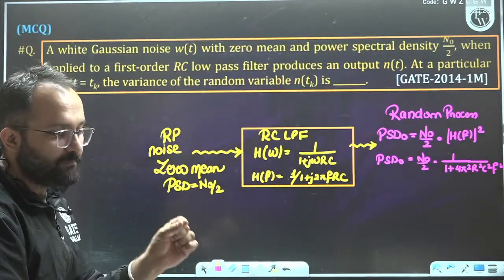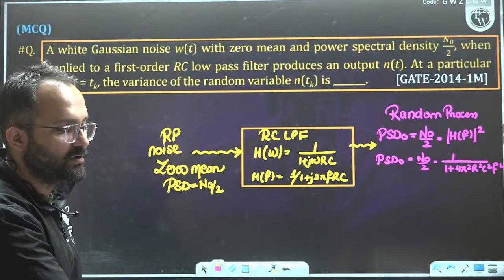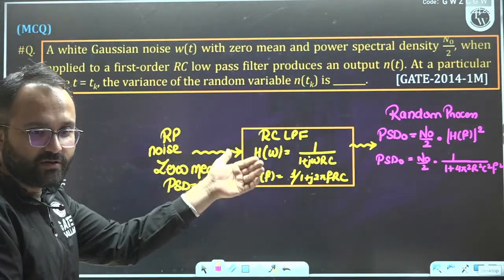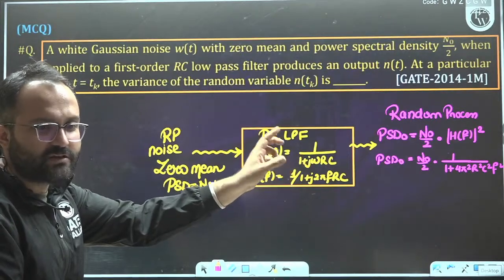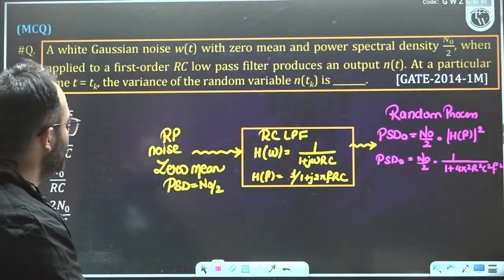And the total power of the random process will be equal to the variance of the random variable.